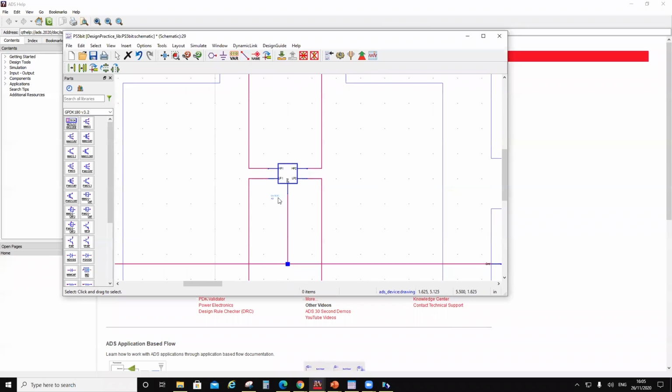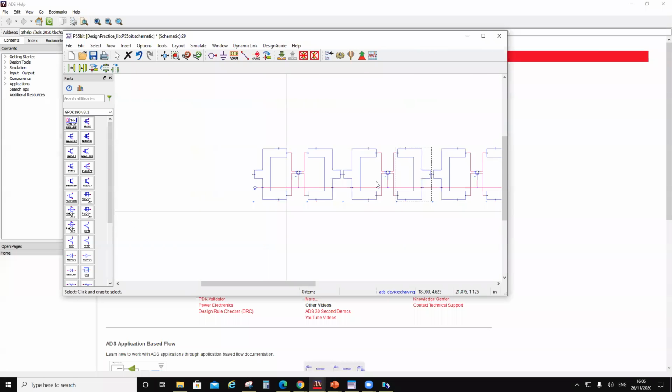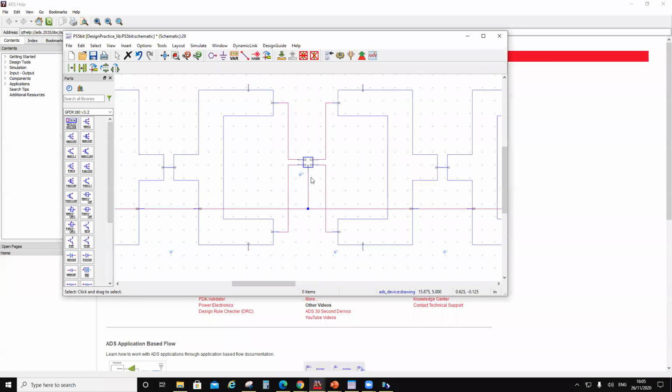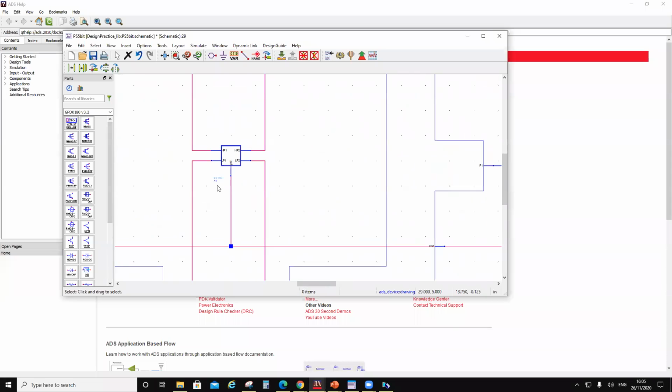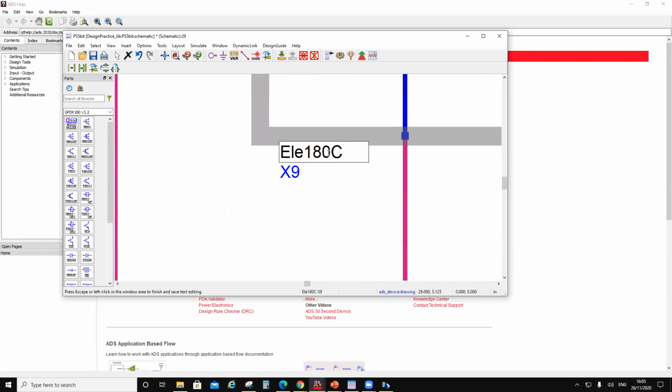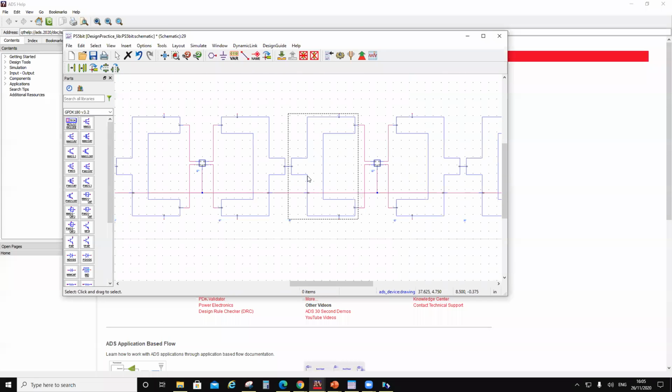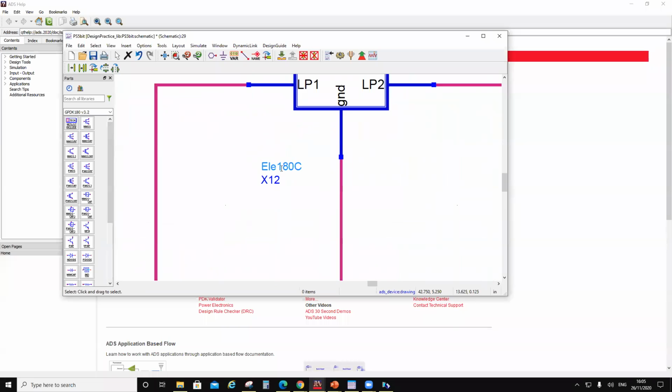Now this is 180. Okay, so the next one is 90. So just change this to 90. The next one is going to be 45. So this is 45. The next one is going to be 22.5. So it will be 22_5.